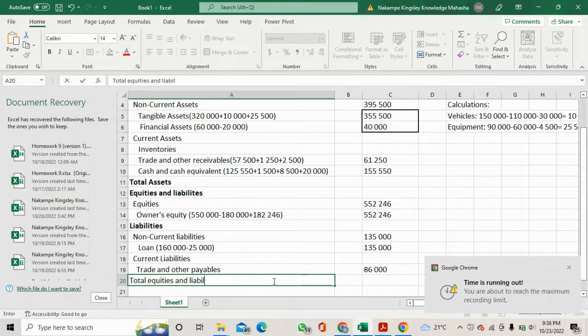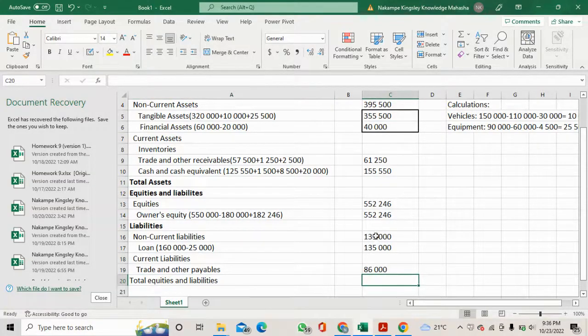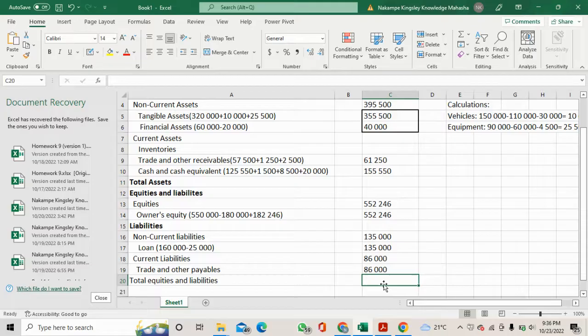When we add our equities plus non-current liabilities plus current liabilities, which was 86,000, how much do you get? I get 773,246. So this is the amount, and then this is our balance sheet.